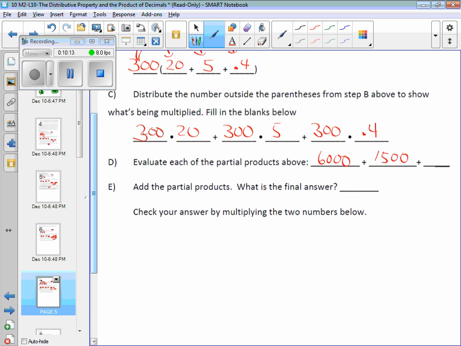Here comes the tricky one. 300 times 0.4. Is our answer going to be more than 300 or less than? Hayden, you got it. 120. Okay. Crunch and munch. Add it together.